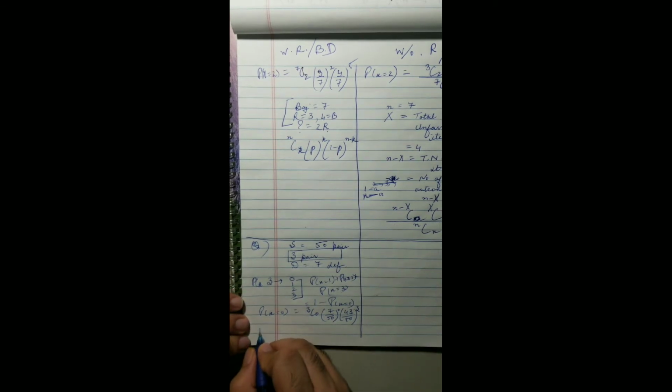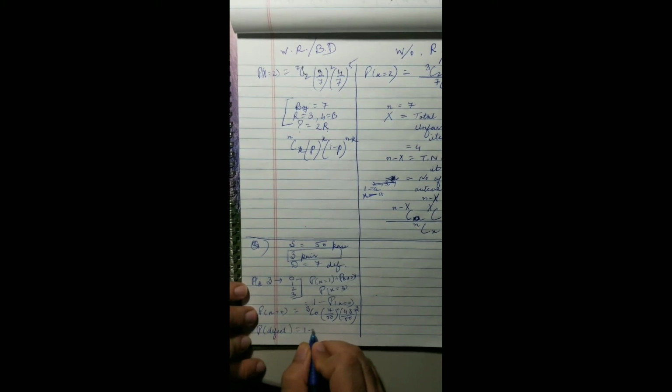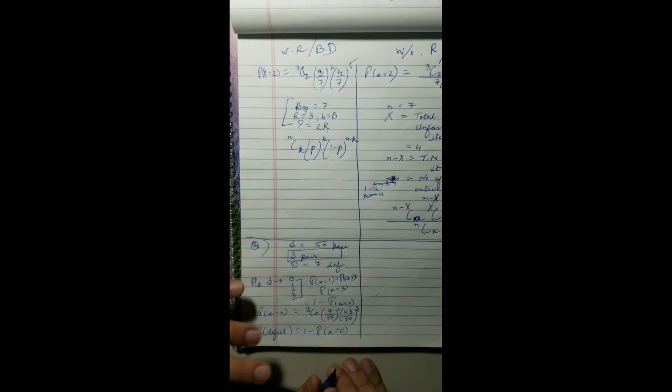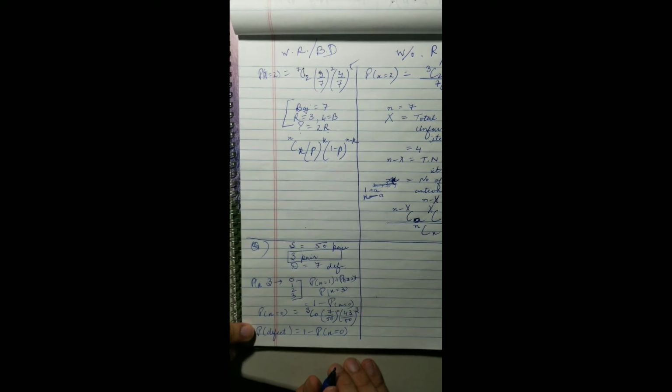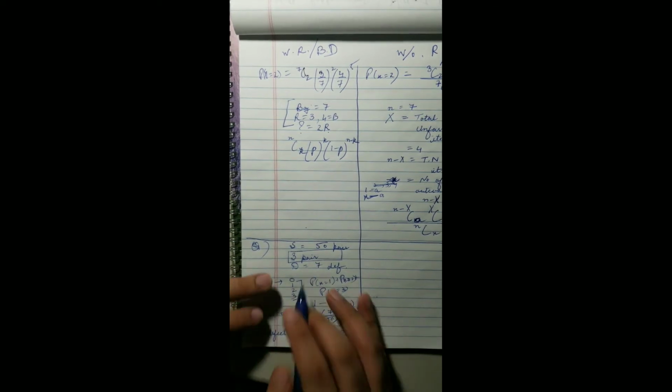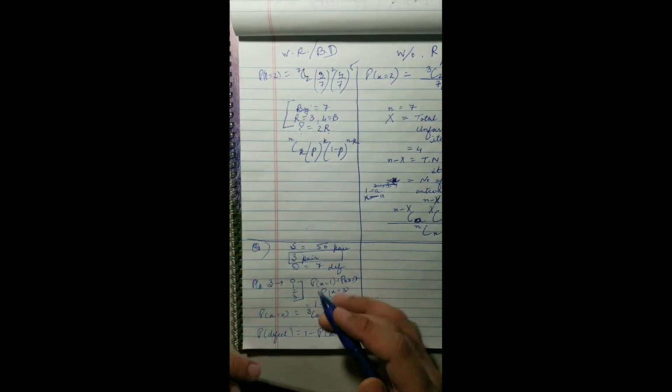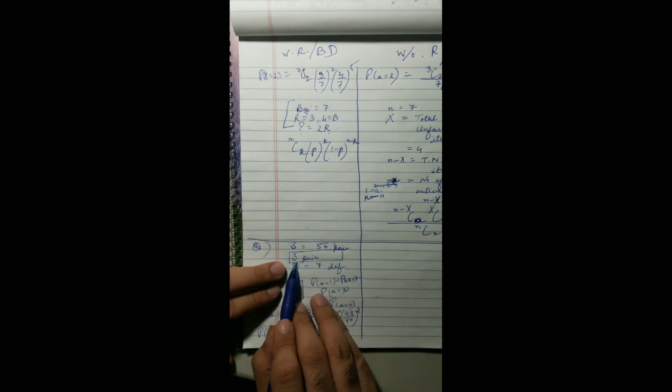And the effective probability of getting a defective pair is 1 minus px0. You can do the calculation part yourself. This is the probability of a defective item in case he's replacing each pair, in case he's pulling out 3 pairs, right?